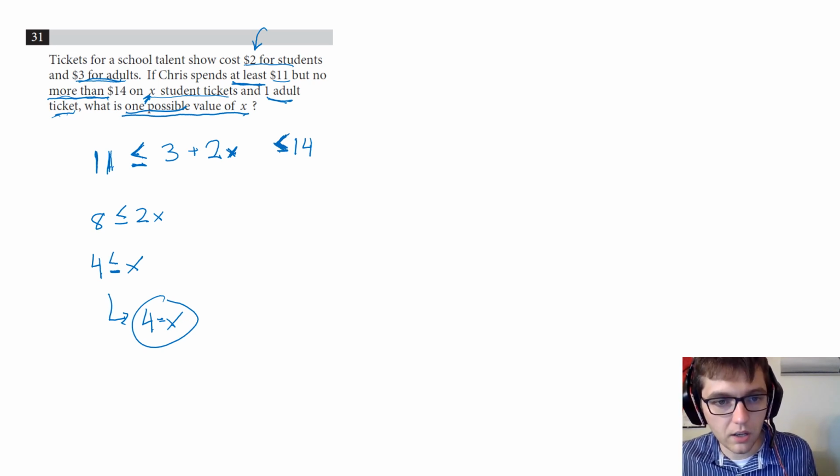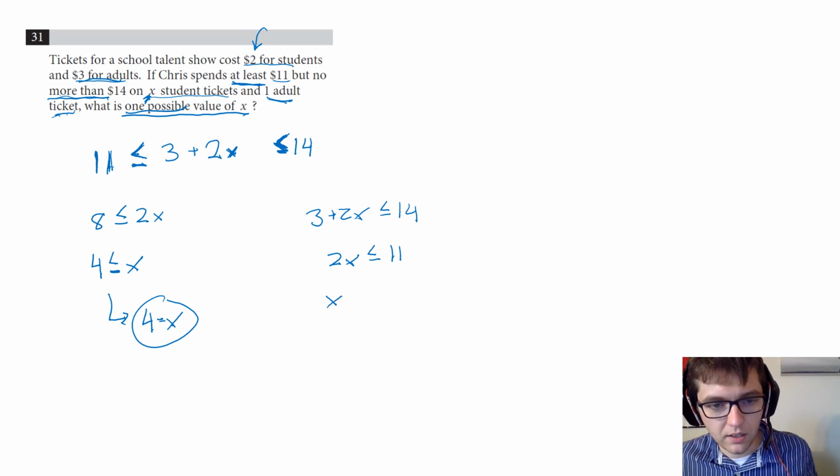So you've got less than or equal to $14, and do the same thing on this side. So you have 3 plus 2x less than or equal to 14. Subtract 3 from both sides. 2x less than or equal to 11. 11 divided by 2, you'll have x less than or equal to 5.5.